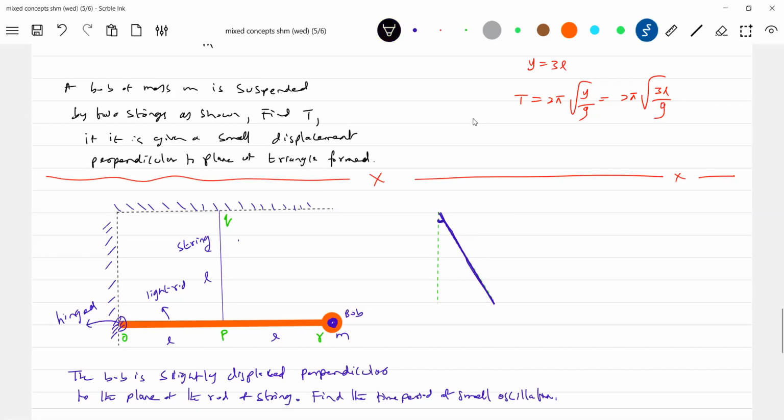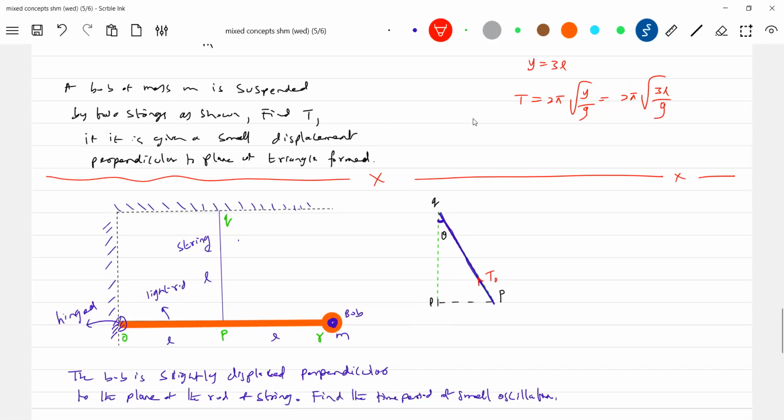This is theta. This is Q. Earlier this is P, no? Now the P will come to this position. I'm just showing some diagram so that the tension here will act like this. T naught, you can write it.